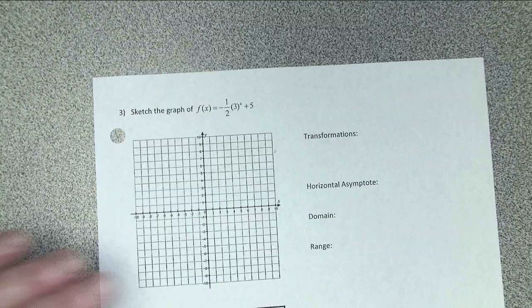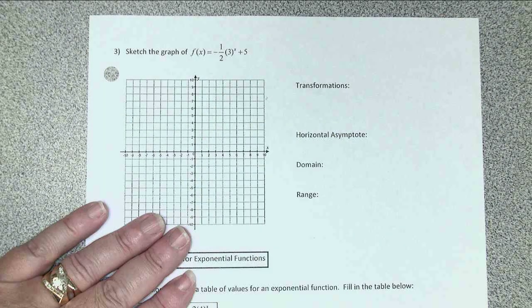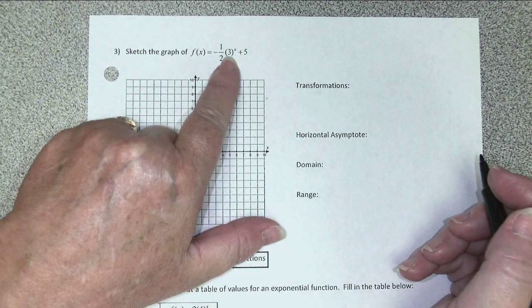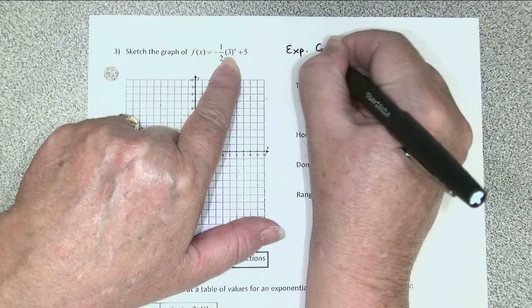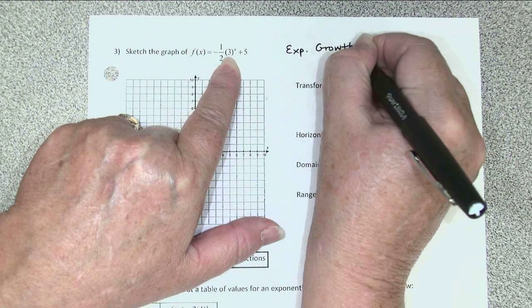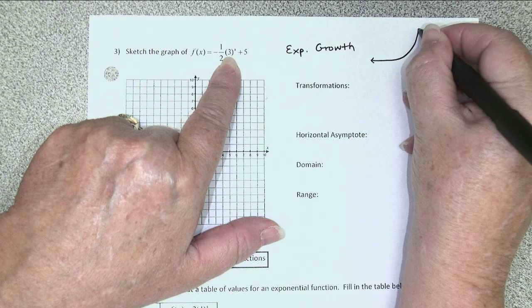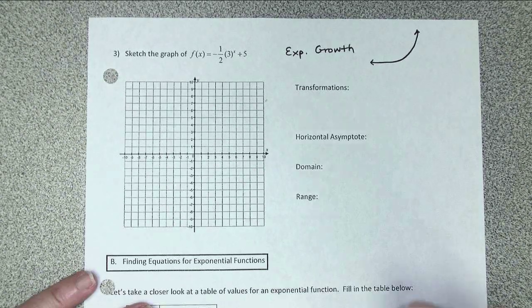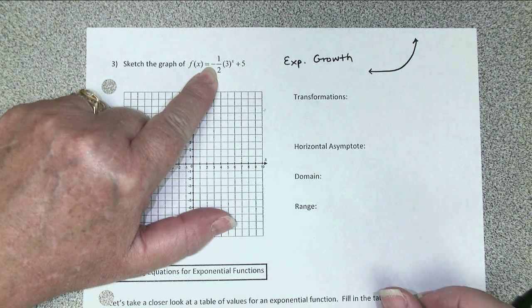All right, one more. Negative 1/2 times 3 to the x plus 5. The base is 3, so this is exponential growth. Again, I'm just going to remind myself, exponential growth looks like that. And as far as transformations, I have a negative multiplier.